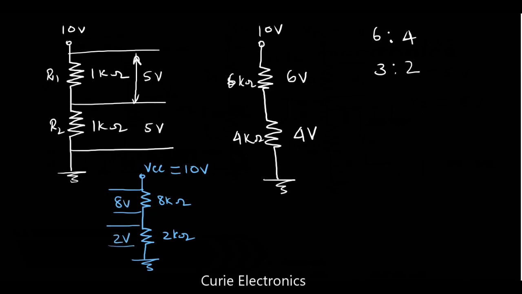Okay, now when the values are like 10 volt and all, we can easily manipulate. If it is 4.2, 4.5, what do we do? For that we have a direct equation. I will write it here. We have a resistor divider network.